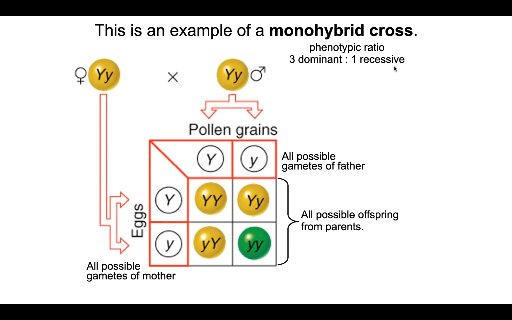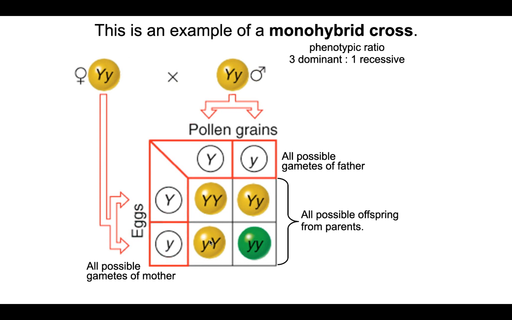Okay? Now, if we were to ask a question in a different way, basically, what is the probability of generating an offspring that is yellow? Well, the way you answer probabilities is you always answer them in fractions, not ratios. So fractions means that the denominator is going to be the total possibilities: 1, 2, 3, 4. There are 4 different possibilities that one can have.